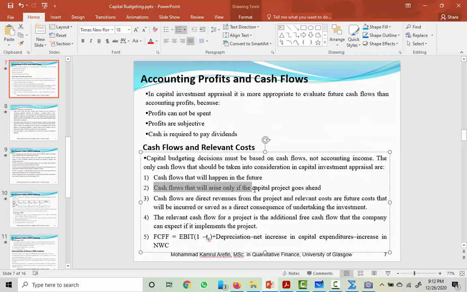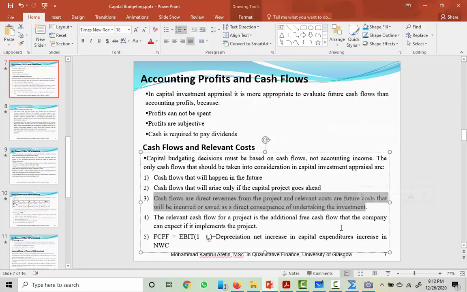So these are cash flows that will arise only if the capital project goes ahead. They include direct revenues from the project. Relevant costs are future costs that will be incurred or saved as a direct consequence of undertaking the investment.